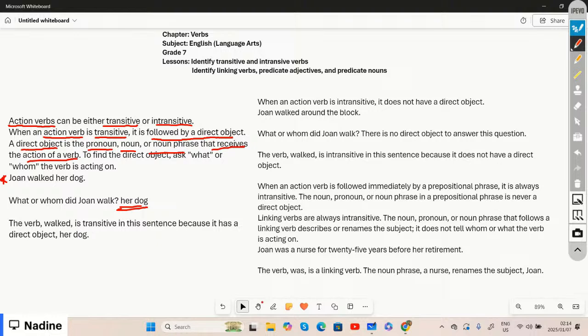And then we have an intransitive verb. Once the action verb is intransitive, it means that it does not have a direct object that it is acting on. For example, Joan walked around the block.